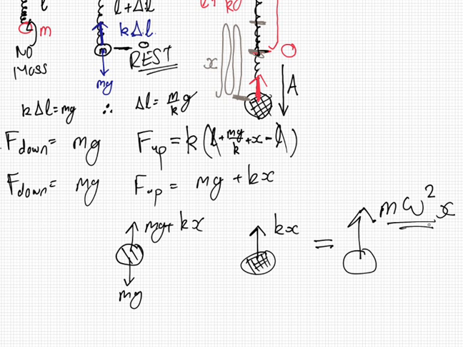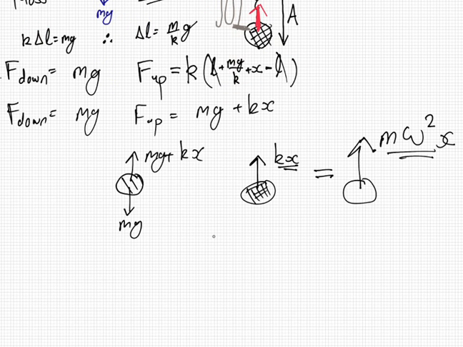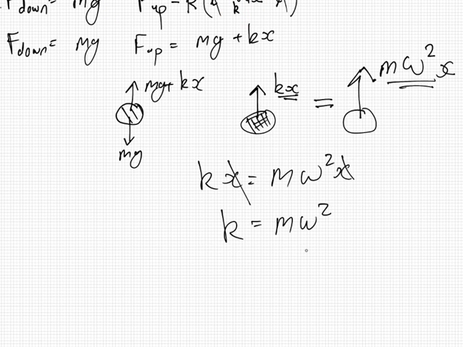This is the formula for the force, and this is the formula for the force. So it's the same force. So I have kx equals m omega squared x. So the x's cancel, and I get k equals m omega squared. And now I have my result. The omega equals square root k over m.